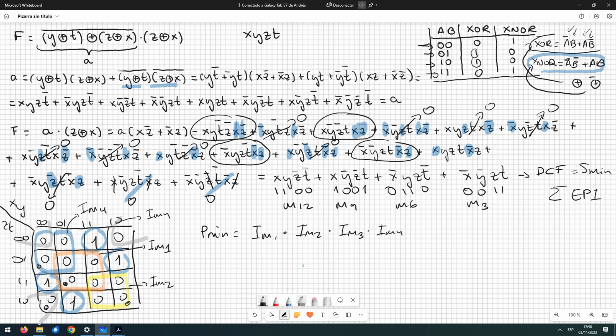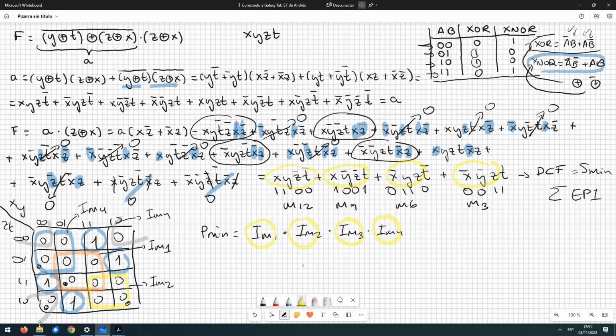So in the case of the minimal sum, how many operands do we have? We have 4 operands. It's an OR gate with 4 inputs. And in the case of the minimum product, we have as well 4 implicates. So we have the same number of operands for both implementations.